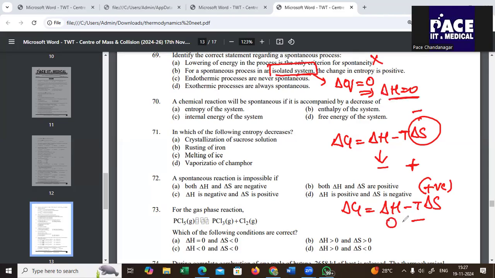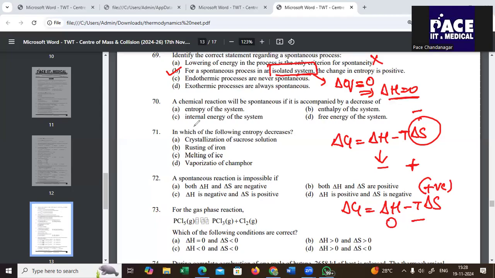So this is zero, and delta S is positive, negative of positive is negative. So delta G is negative, so option B is right. Delta G negative means that it is spontaneous.